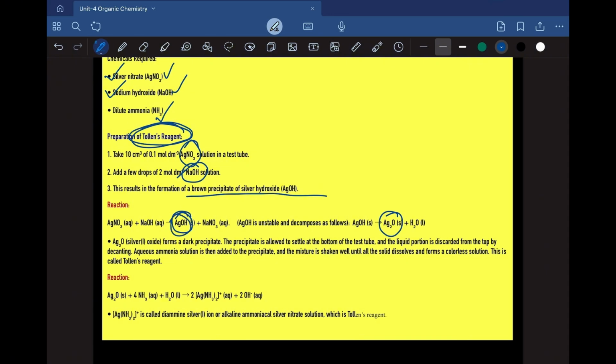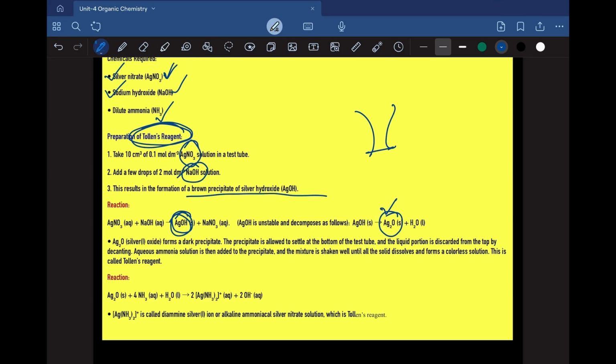This AgOH, formed by the reaction of silver nitrate and sodium hydroxide, is unstable and will very soon decompose and become Ag2O, silver(I) oxide, which is a dark precipitate. Let's say this is the test tube in which the reaction was carried out.